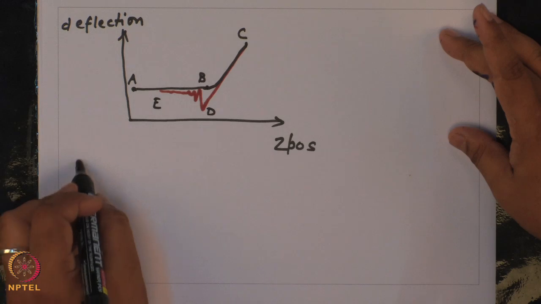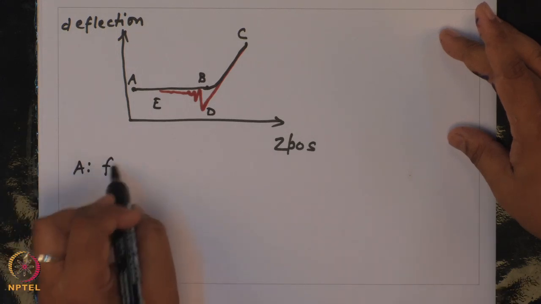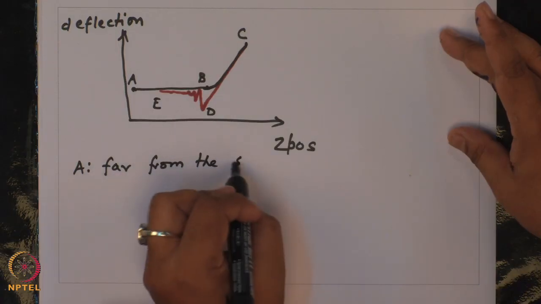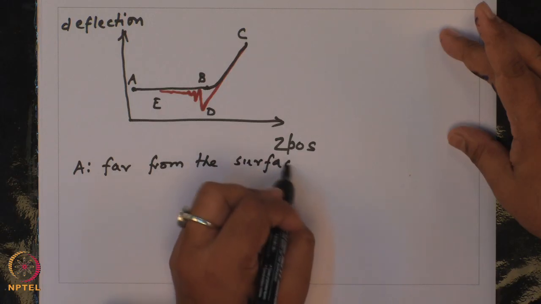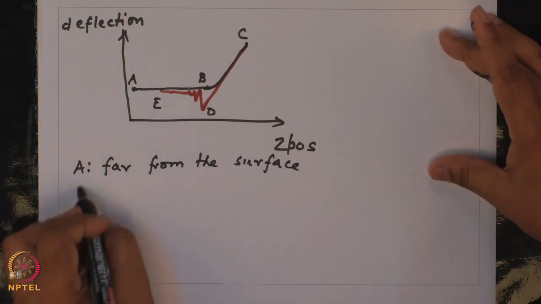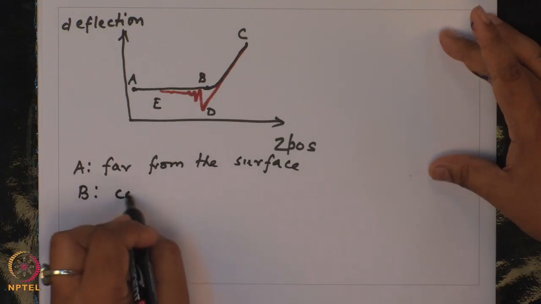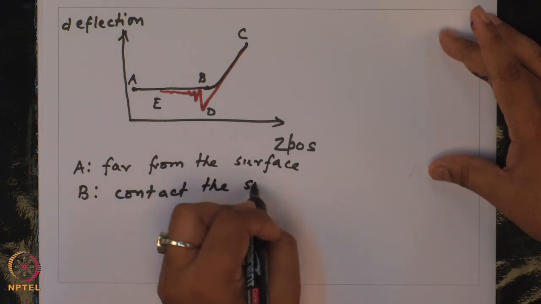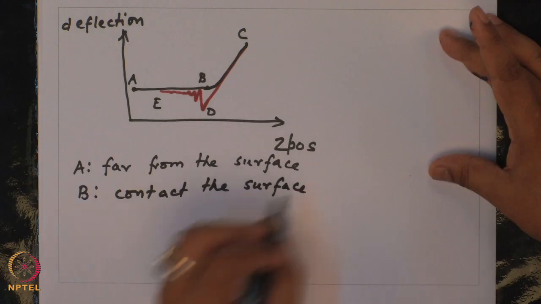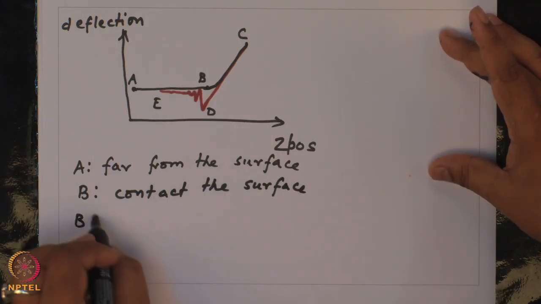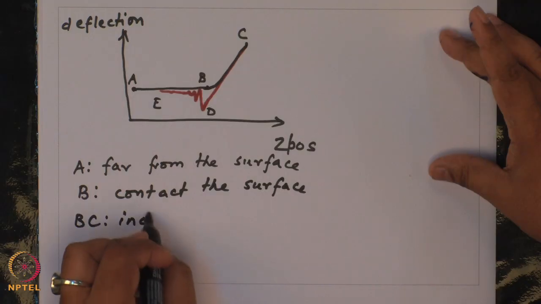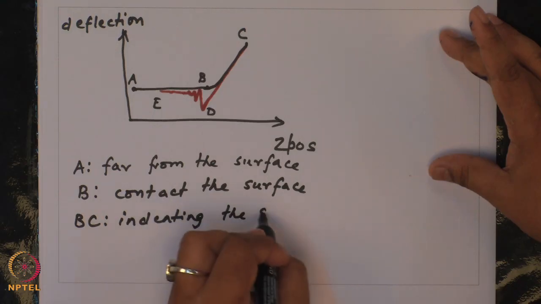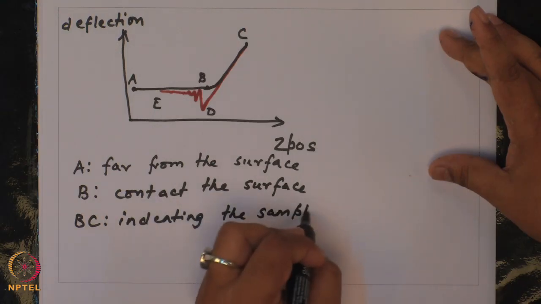At point A, you are far from the surface. At point B, you contact the surface. So, in B to C, you are indenting the sample or surface.